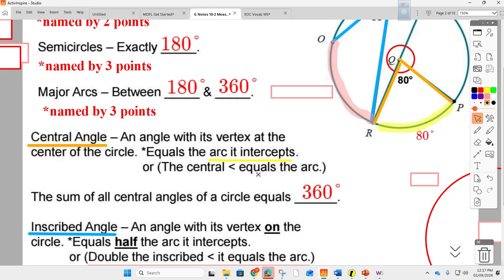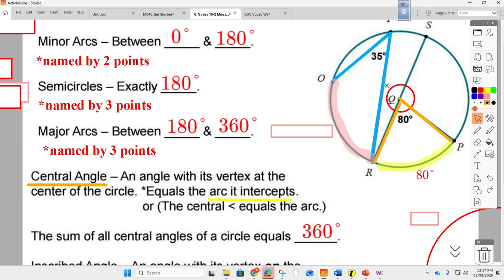So the sum of the degrees in a circle we said are 360 degrees, but we didn't really talk about what that means. So this circle, where this 80-degree angle is, the circle that's formed by these angles is 360 degrees.